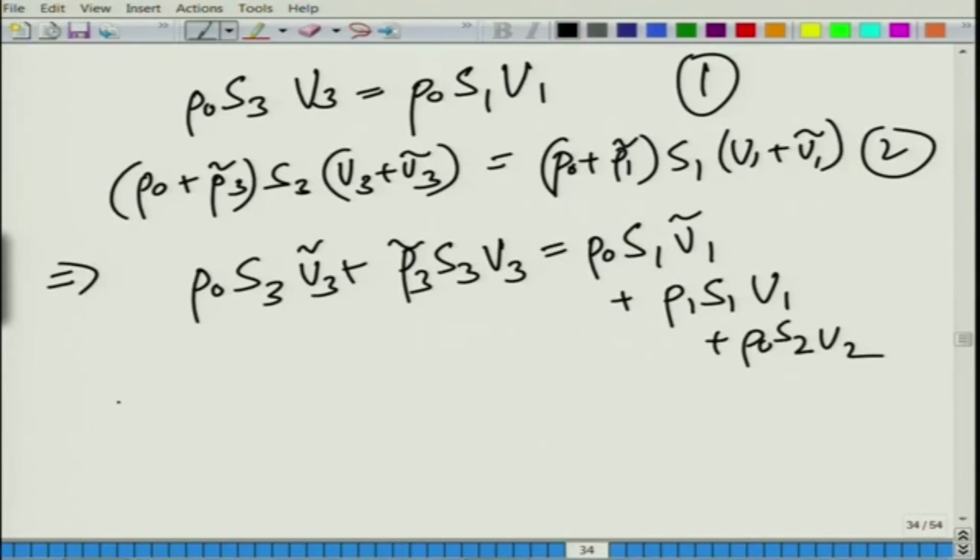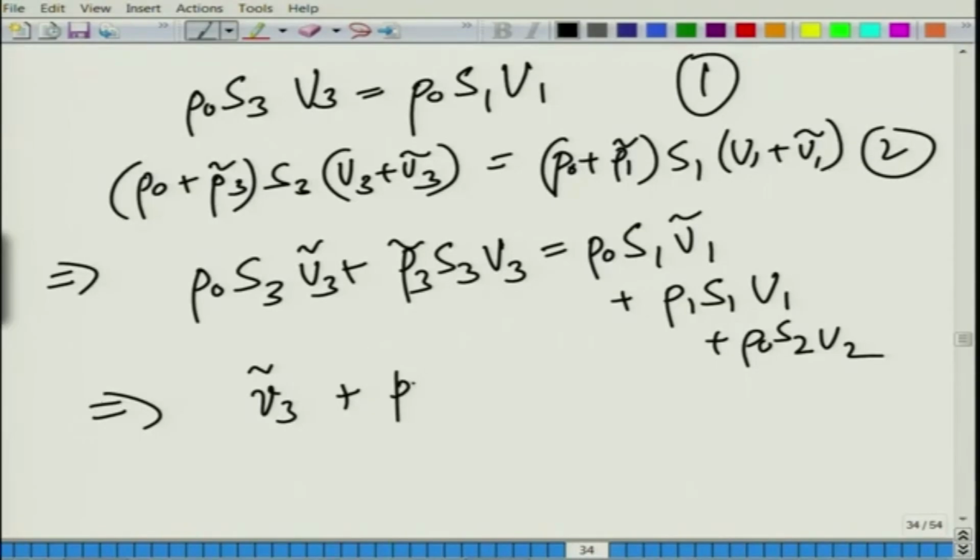So, we get this. Now, what we immediately realize is this is nothing but the mass velocity V3, and rho 3 tilde is nothing but your P3 tilde by C naught square. We get that kind of a thing.